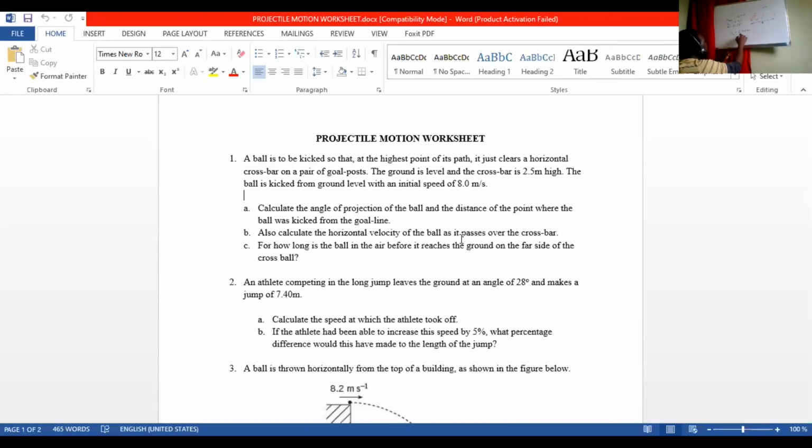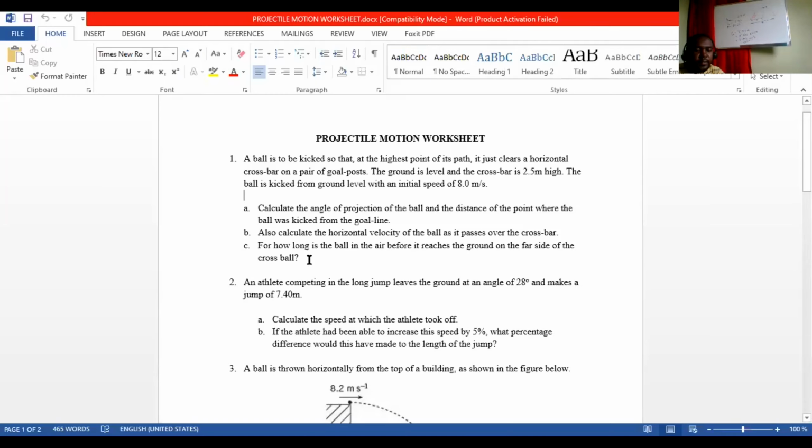And the V naught is 8 and cos 60.69. So therefore, at that point, it would be equal to 3.92 meters per second. Right? And that gives us the x component in our velocity at any point. So it would be at the point where it passes the goal line.